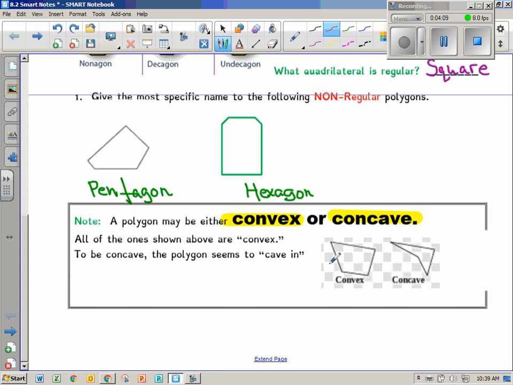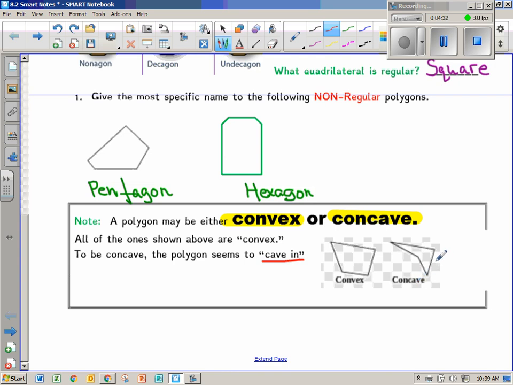Notice how there's no sort of dents in it. Everything is pointing out. There's no points going in. But when it starts to kind of cave in somewhere, or it looks like someone punched it, then you have concave. But it's still a closed figure made up of straight sides, so it's still a polygon, it's just concave.